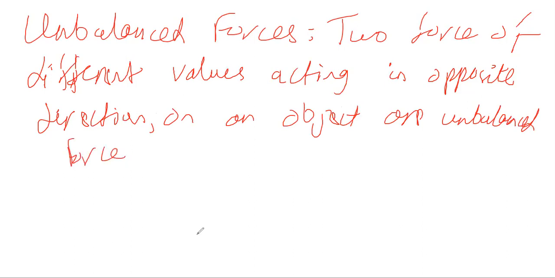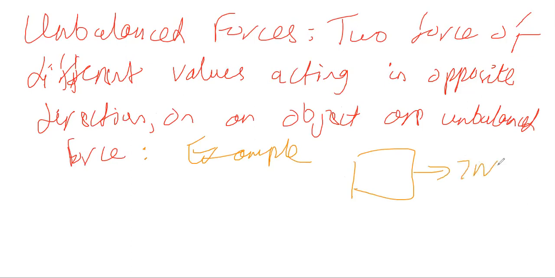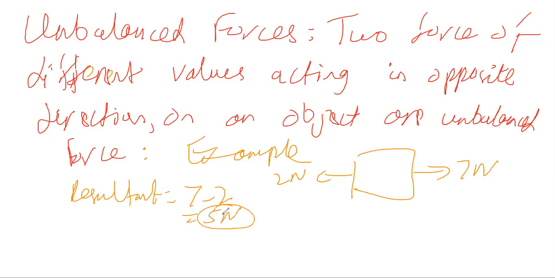For example, you can see this box. One is 7 Newton towards right, another is 2 Newton towards left. Now they both have different values. Now the resultant would be, as I told you, when they are in the opposite direction, they cancel out. So 7 Newton minus 2 is 5 Newtons. So the resultant is not 0 Newtons.